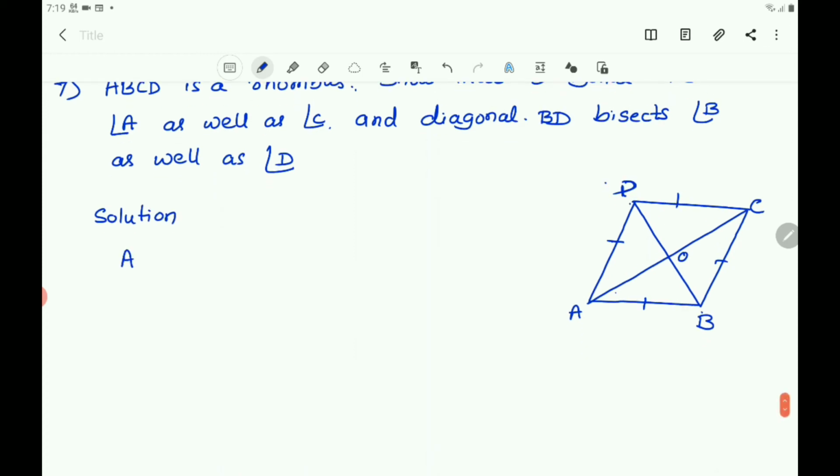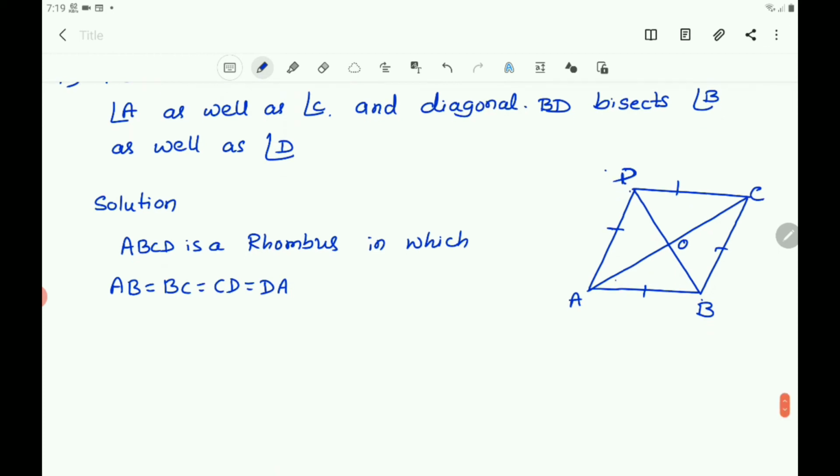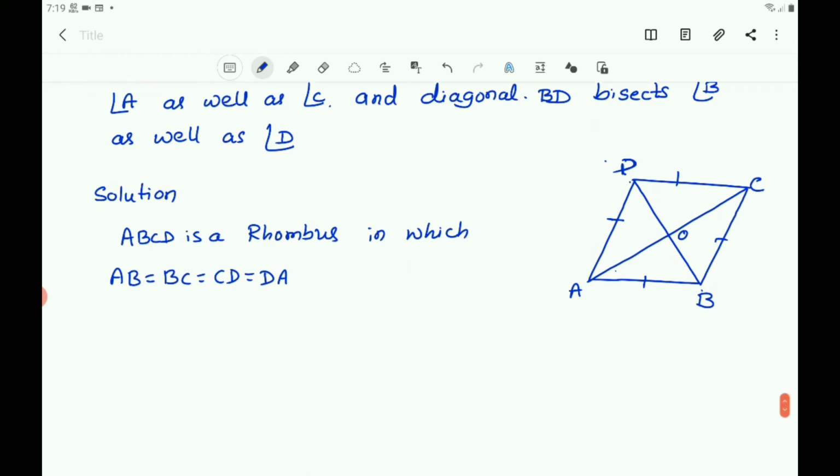ABCD is a rhombus in which AB equals BC equals CD equals DA, and diagonals bisect at right angles.